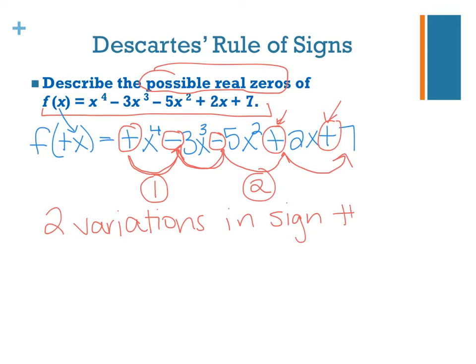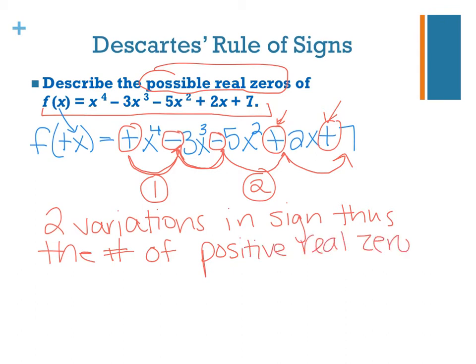Thus, the number of positive real zeros of f of x is going to be either 2, because there's two sign changes, or we decrease this quantity by an even number, and if I decrease 2 by an even number, I would get 0.